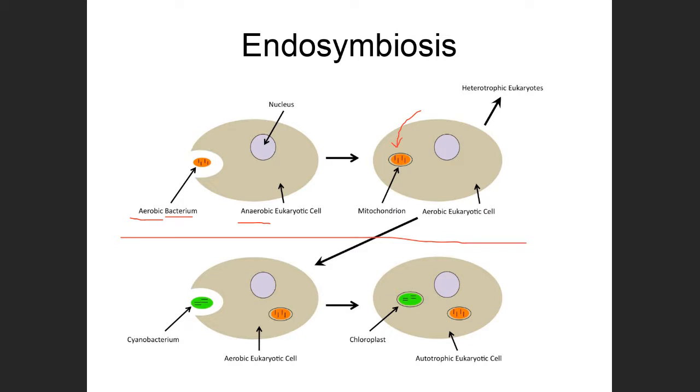And so the current eukaryotic cells are really the result of this symbiotic relationship over millions of years, right? Where the bacterial cell became the mitochondria. And so how do we know that? Well, the structure of the mitochondria is just like the bacteria, right? Its own plasma membrane. Mitochondria have their own DNA.